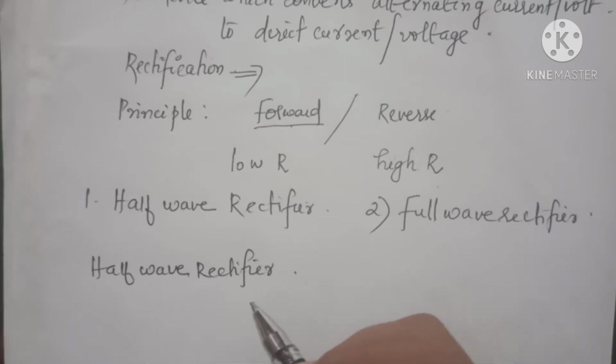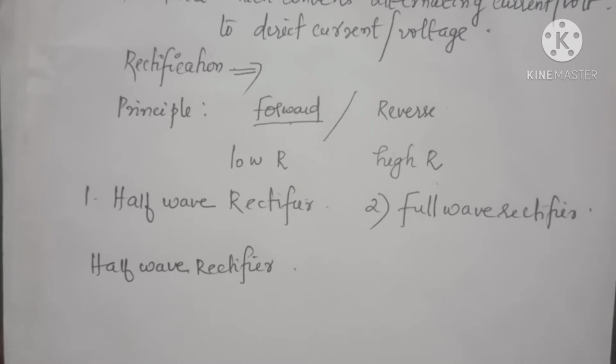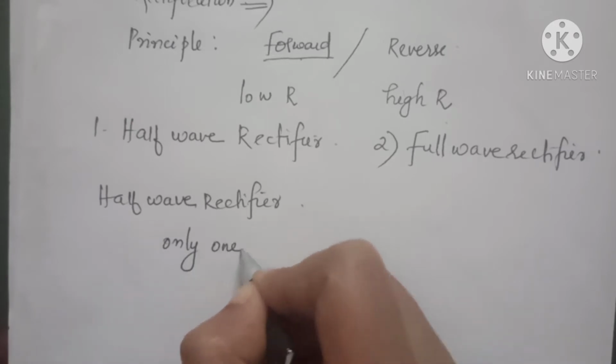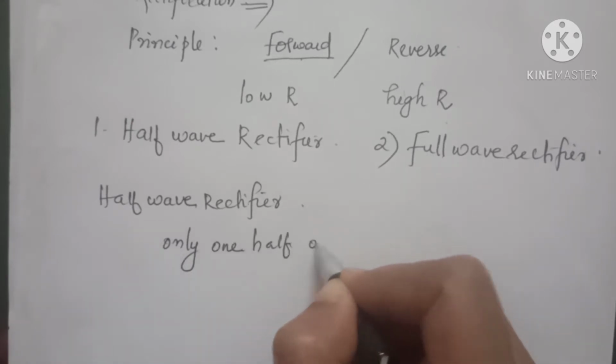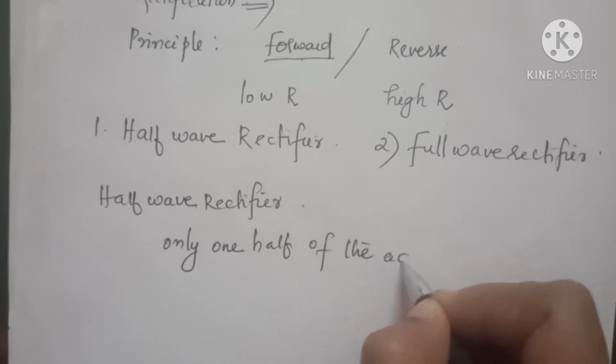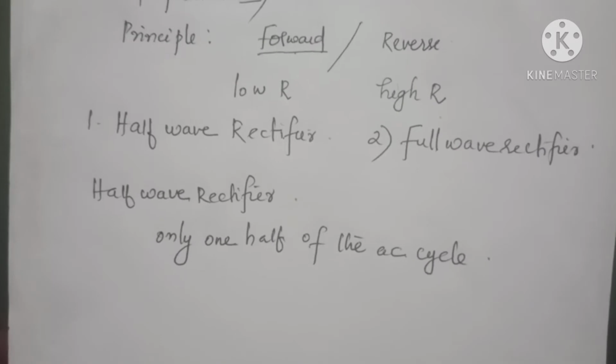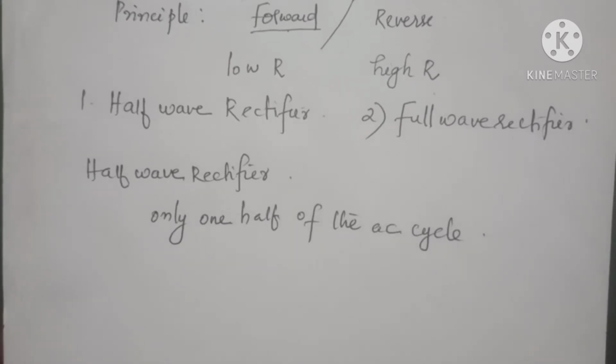What is a half wave rectifier? It means a rectifier which rectifies only one half of the AC cycle. Understood? This is known as half wave rectifier. Half wave rectifier means a rectifier which rectifies only one half of the AC cycle.